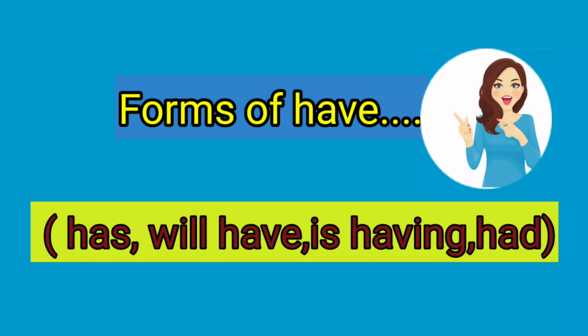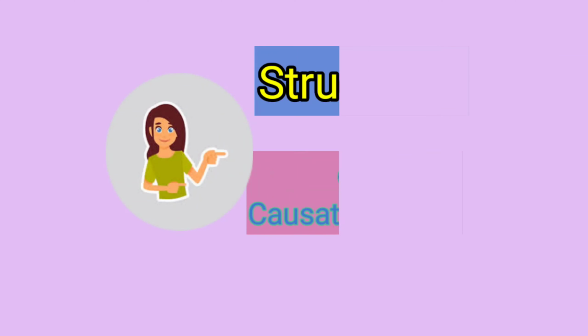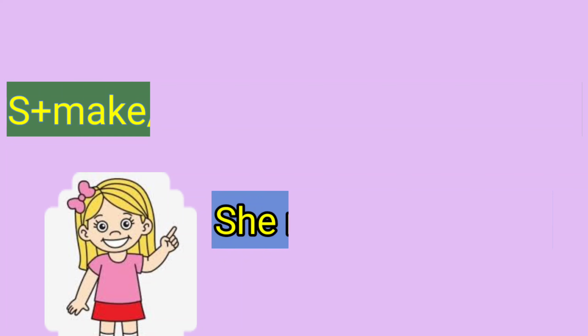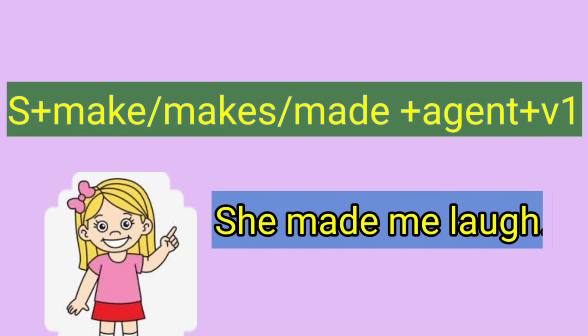Okay. And similarly, next is the structure of causative verbs. Let's see the first one. The first one is subject plus make, makes, made plus object plus verb 1. So, she made me laugh.